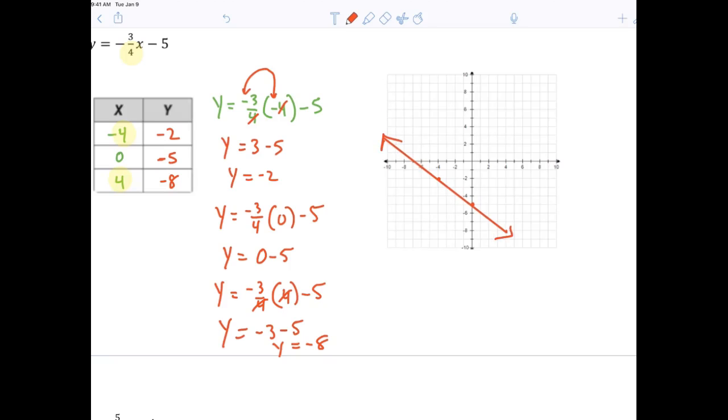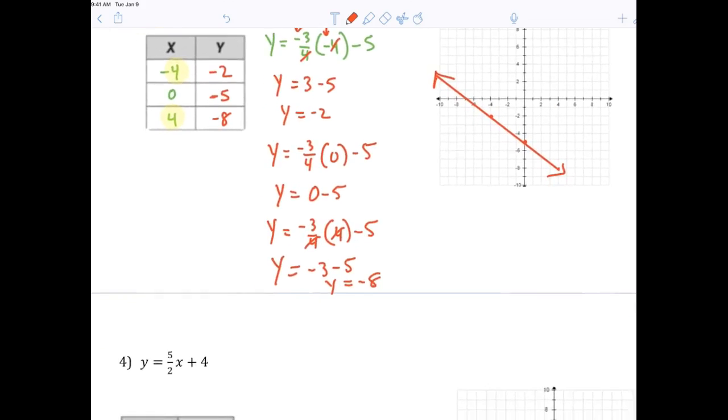And there you have it. Everybody good? Thomas? All right, let's look at the next one, just to make sure, Thomas.